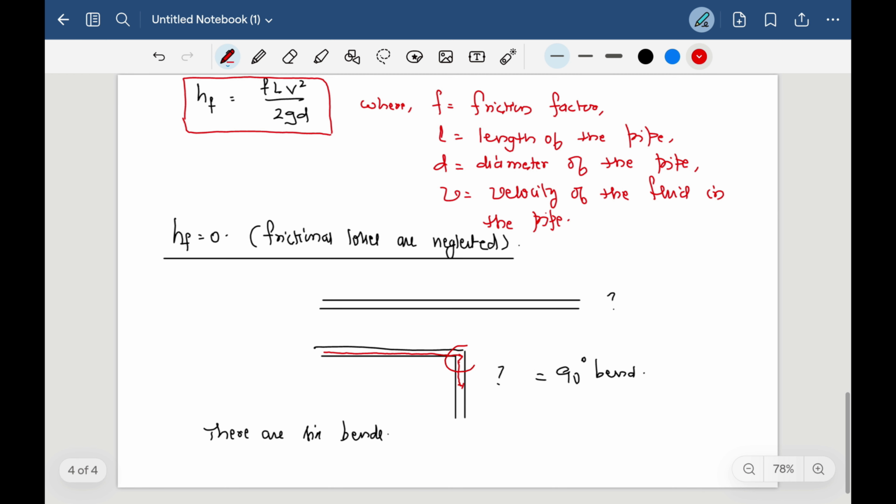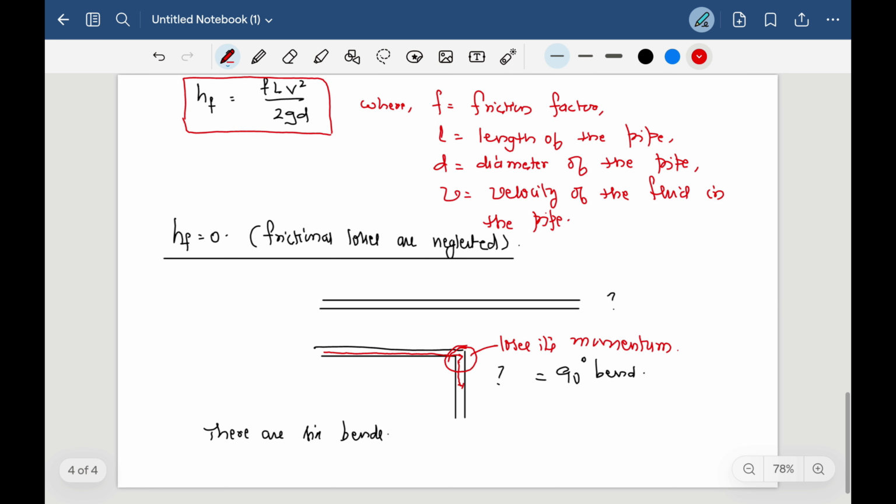Here at this junction, it loses its momentum. From the conservation of momentum principle, when the direction changes, it loses its momentum, and whatever loss is there is converted to loss of energy.